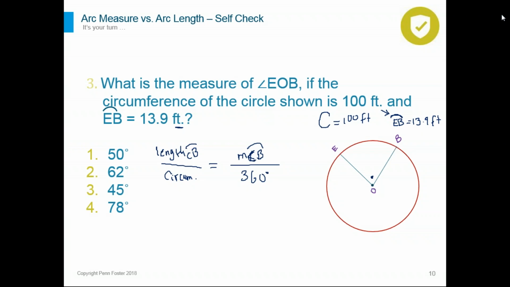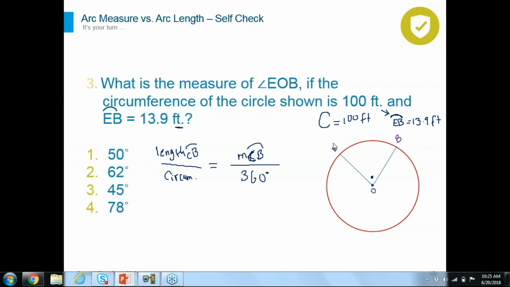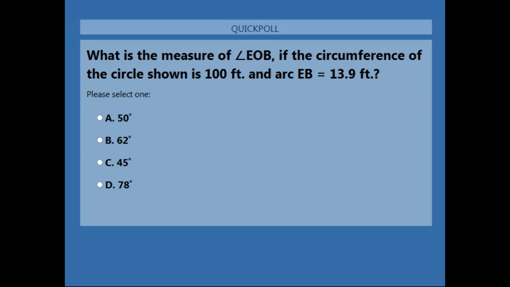Okay, let's change the screen again, and it will give you the question. And what is the measure of the central angle? What would be the measure of the central angle?